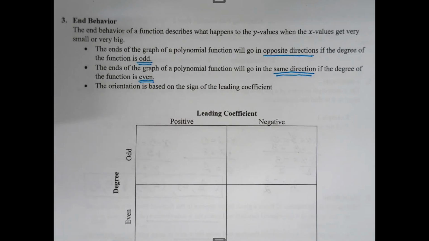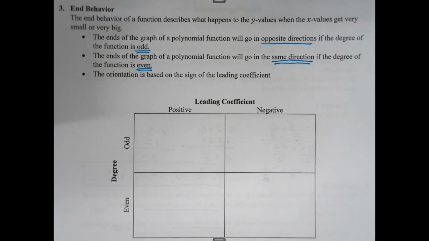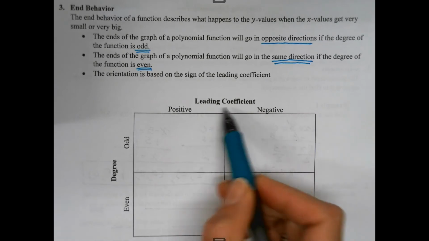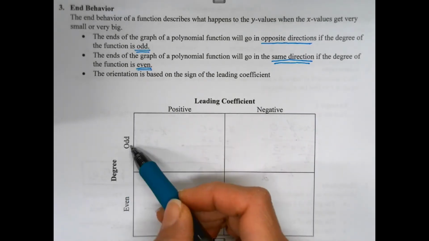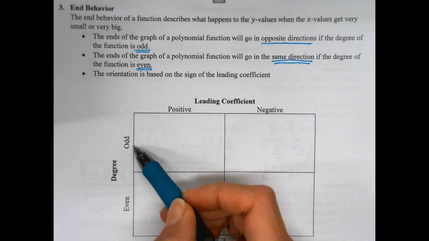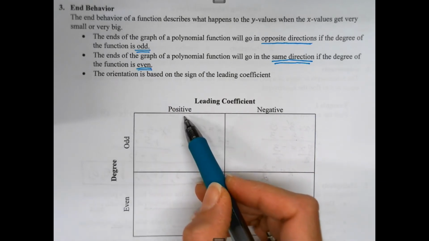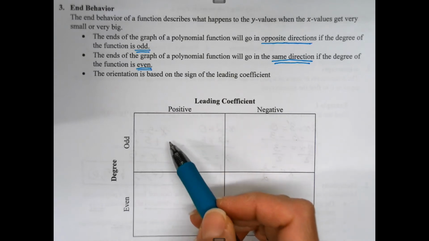And then our orientation is going to be based on the sign of the leading coefficient. So if our leading coefficient is positive and our degree is odd, the ends go in opposite directions. Being positive, it's going to increase from left to right.